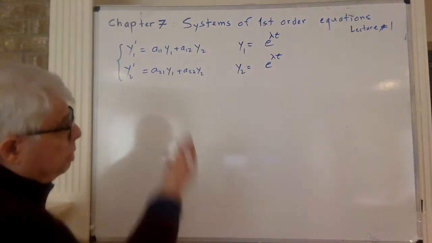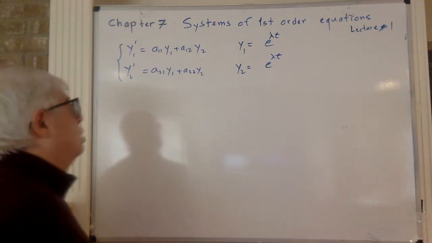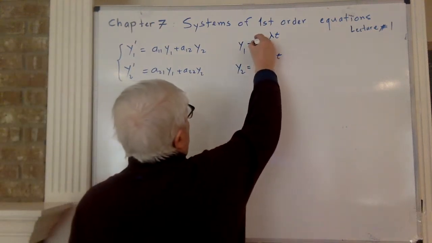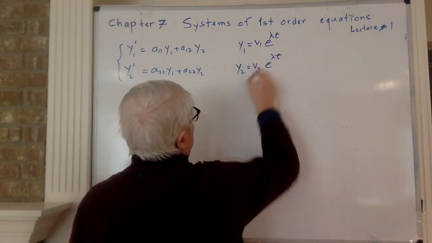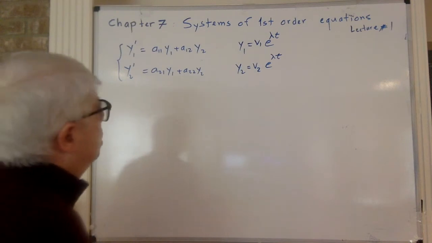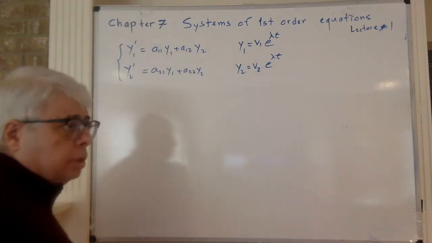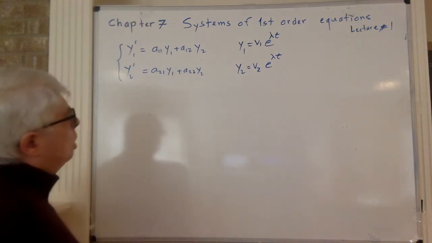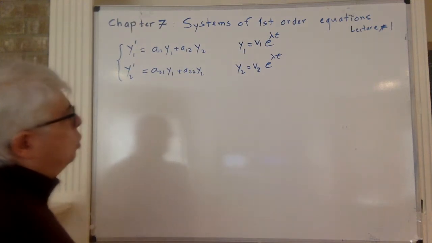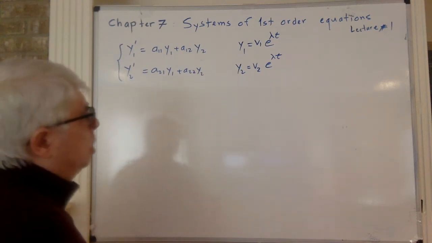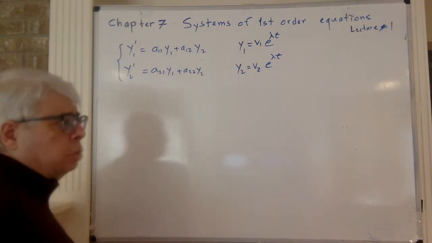But the coefficients might be different: the first one might have some coefficient, and y2 has another coefficient. I'm not saying it will happen in practice, but we say these are v1 and v2, two different coefficients. Since the coefficients of the equations are constant, we take those coefficients constant. So let's assume the two solutions look like this, plug in and see what happens.